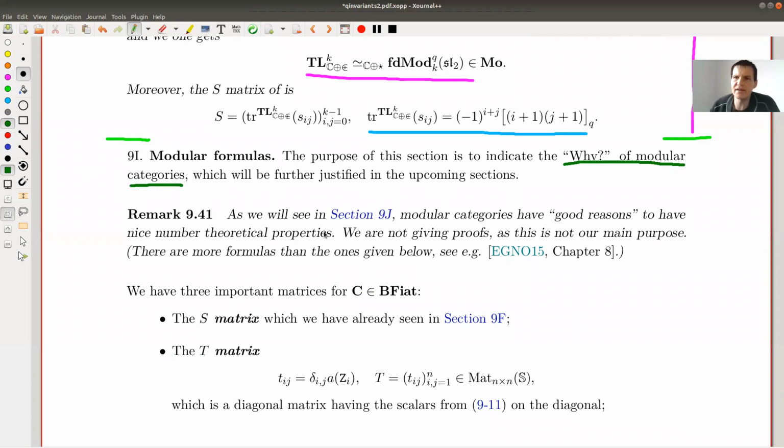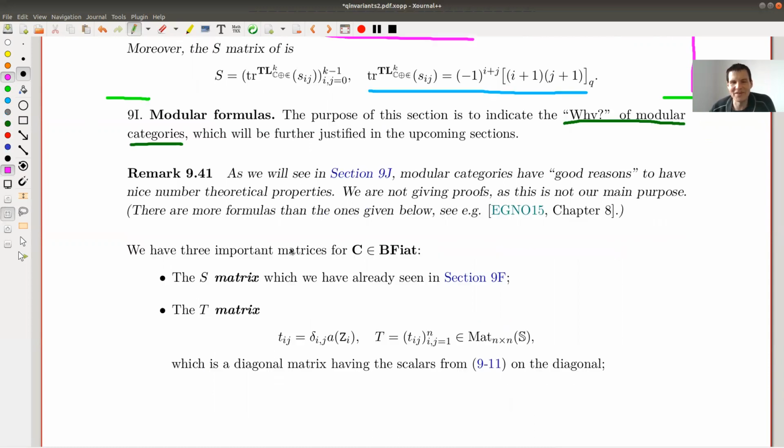I can kind of imagine why the S matrix is interesting, but there are other funny reasons why modular categories turn up in connection to interesting mathematics, maybe not in nature.